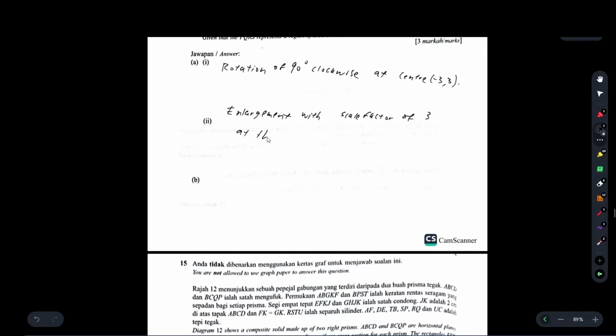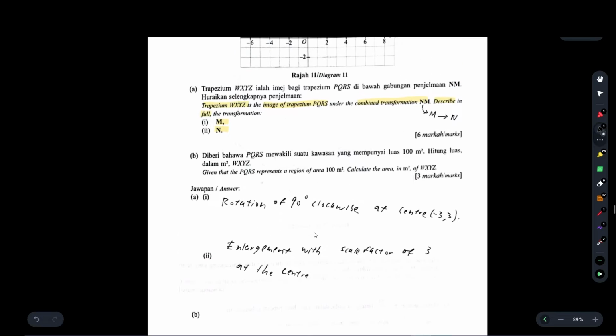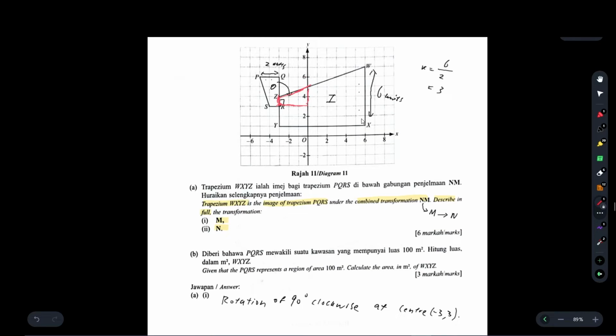At the center, so now let's find the center. We just have to draw a line from one corner to the corresponding corner. Let's draw it longer.